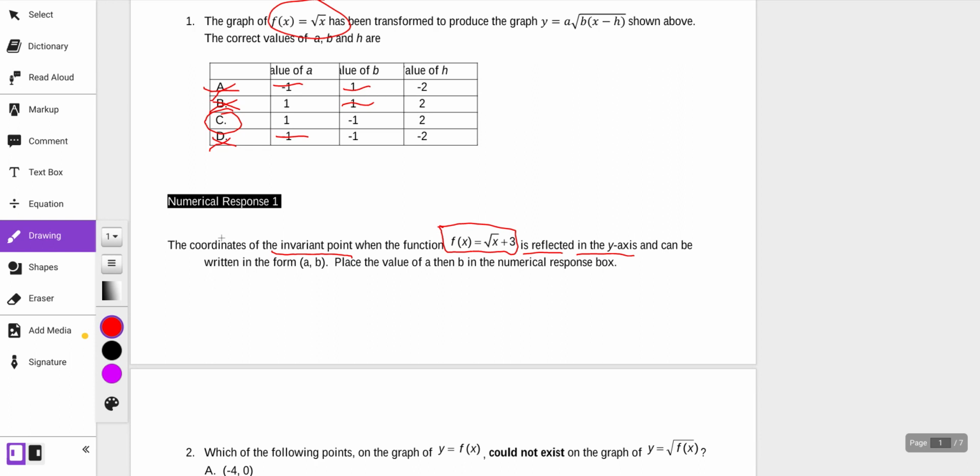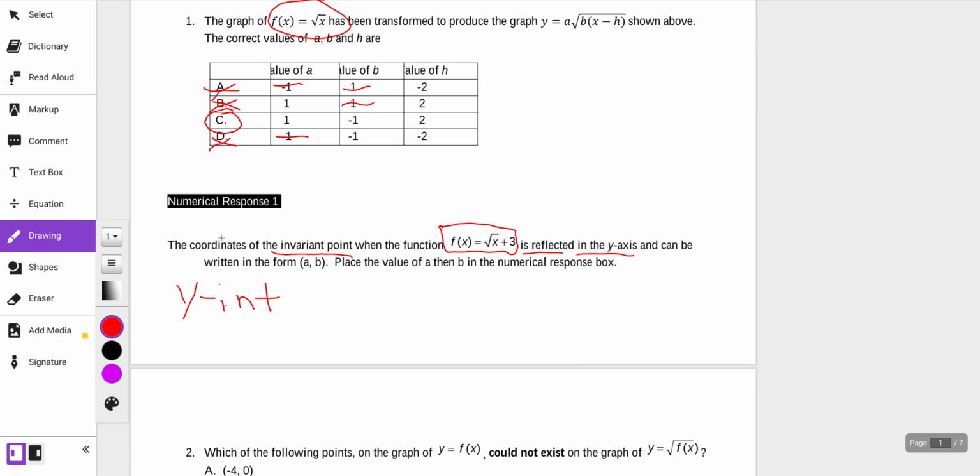My invariant point when I reflect over the y-axis will be my y-intercept. If you think about it, if I'm reflecting over the y-axis and I'm already on the y-axis, that point's not going to reflect anywhere. So all you had to do for this question was find the y-intercept of the original graph, f of x equals root x plus 3.